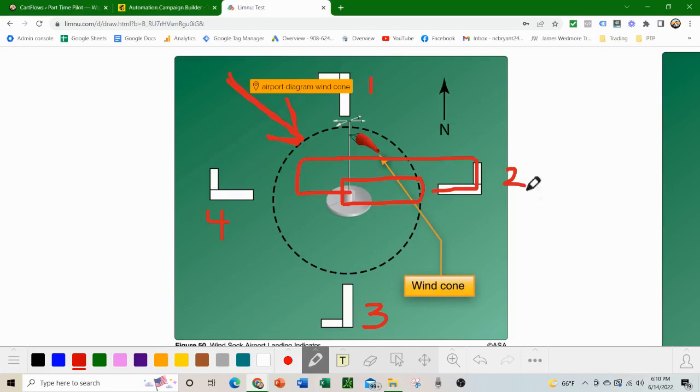So what is the traffic pattern direction for runway 2? I want you guys to say that in the comments. What's the traffic pattern direction for runway 2? No, Roy.